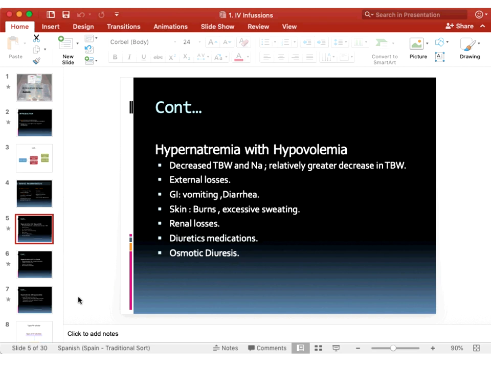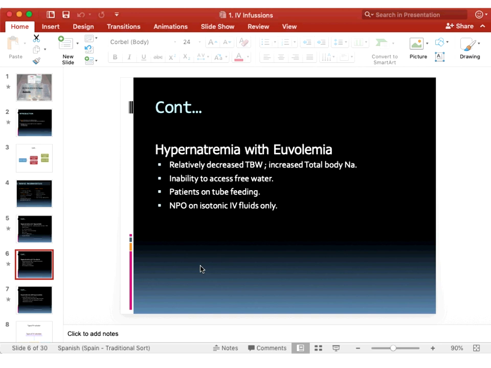We'll get to that eventually. So here it is because you lose only volume, not as much solutes such as sodium chloride. A great example of this is vomiting, diarrhea, or renal losses due to diuretics.